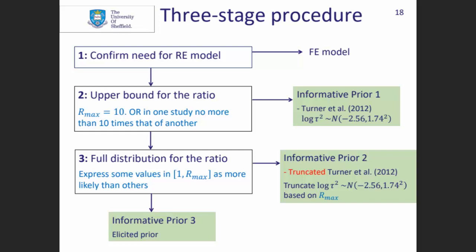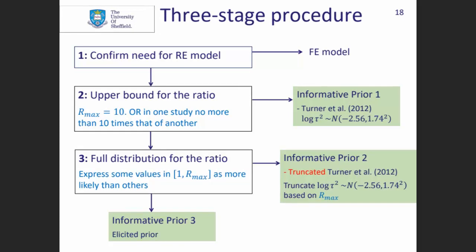And if experts are able to provide the full distribution for the ratio, then we go ahead with eliciting the prior distribution for this ratio R. So the three-stage procedure is: first stage, determine whether we actually need a random effects model. If not, we go for the fixed effect model. If yes, then we move to the second step to elicit an upper bound, the maximum value for this ratio.